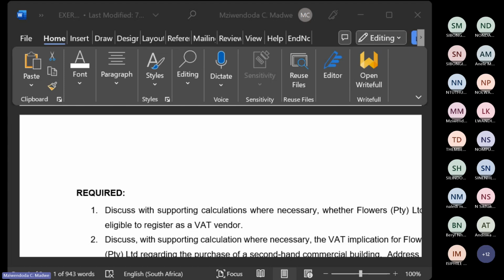Most importantly, if you are only supplying exempt supply, you are not eligible to register. But if you are supplying exempt supply together with taxable supply, you may be allowed to register as a VAT vendor. Those are the things that you have to take into consideration when you are looking at this requirement.